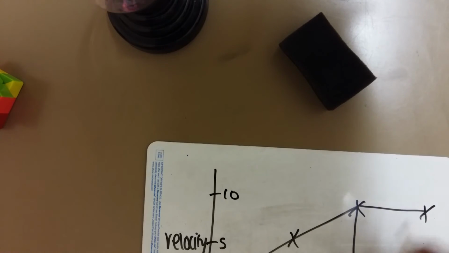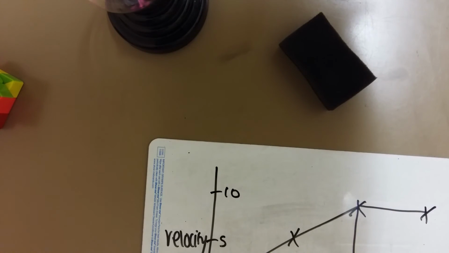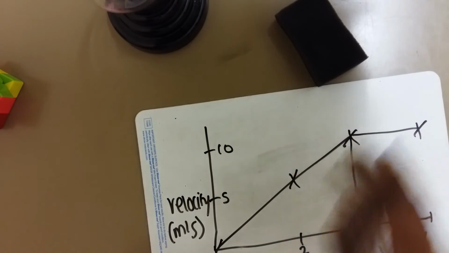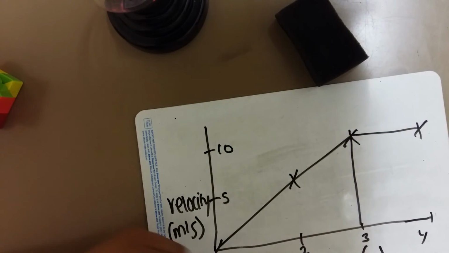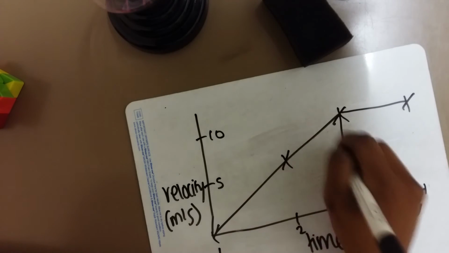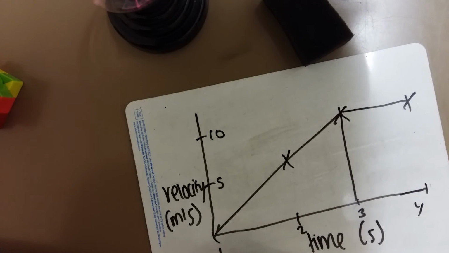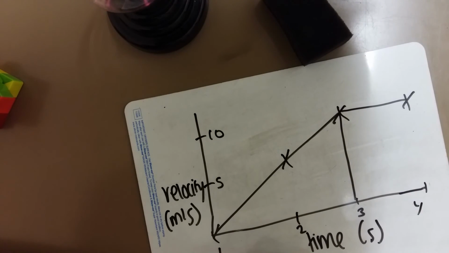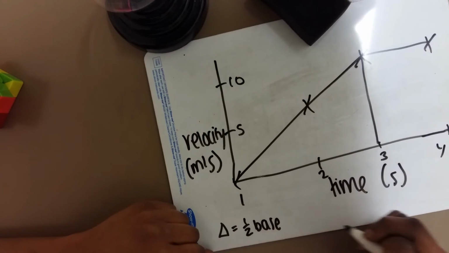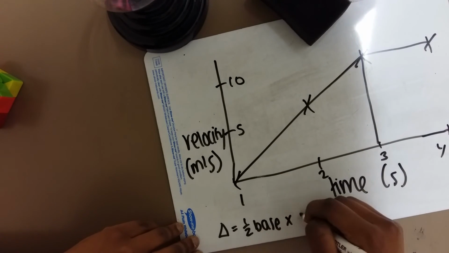If we find the area under this graph, we can find the distance the squirrel has traveled. We all know the area of a triangle is half base times height.